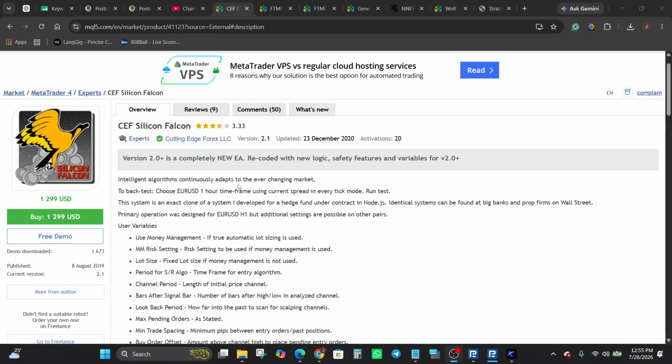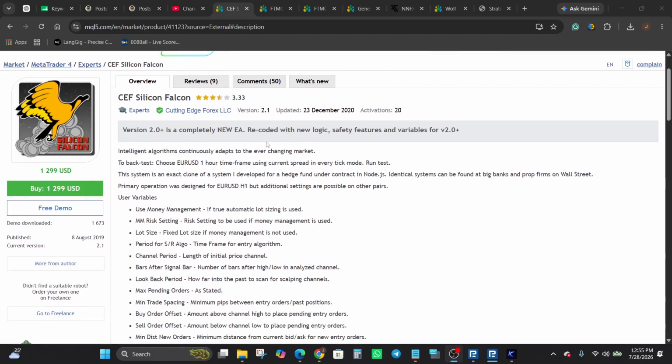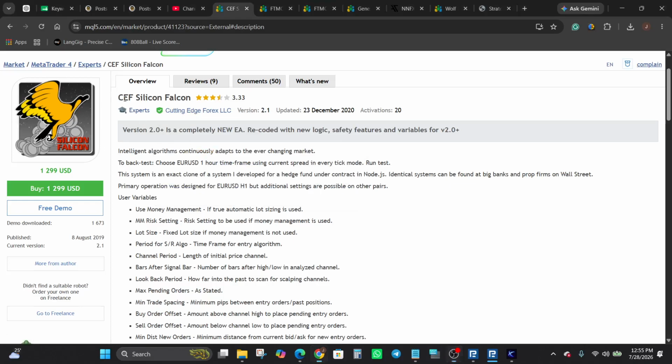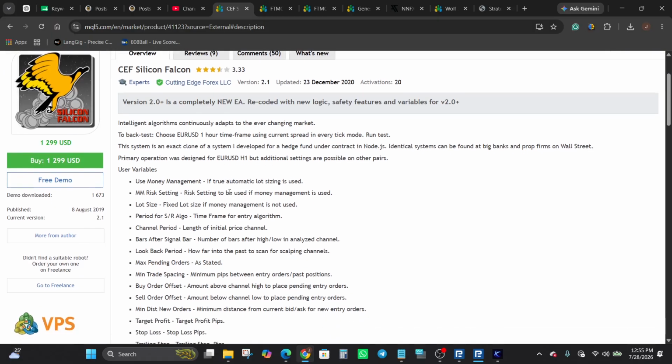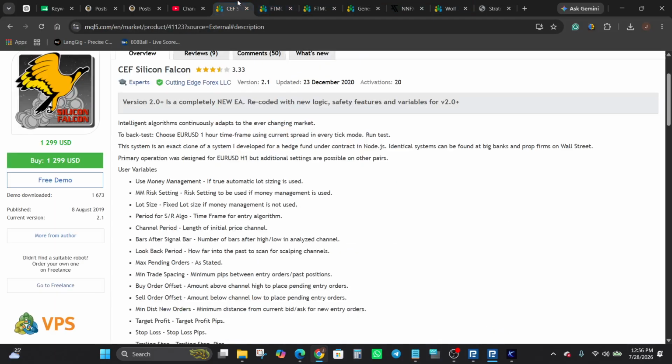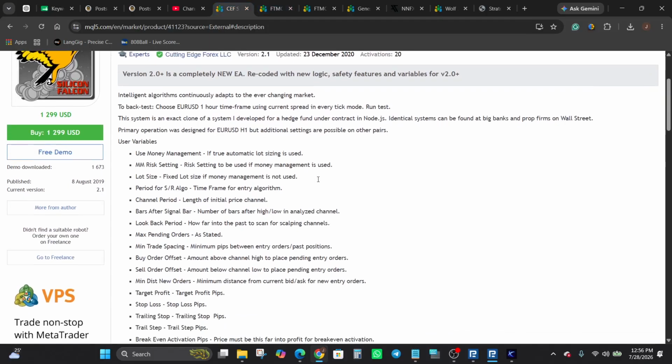One naming detail worth mentioning: the developer is Cutting Edge Forex, which lines up with the CEF in this listing's name, but the actual input parameters inside the EA reference an internal system name of Apex when describing the magic number setup. So this appears to be the same underlying system, just under a different public facing name.